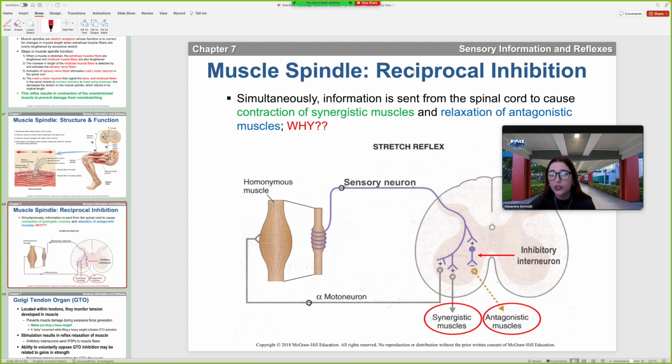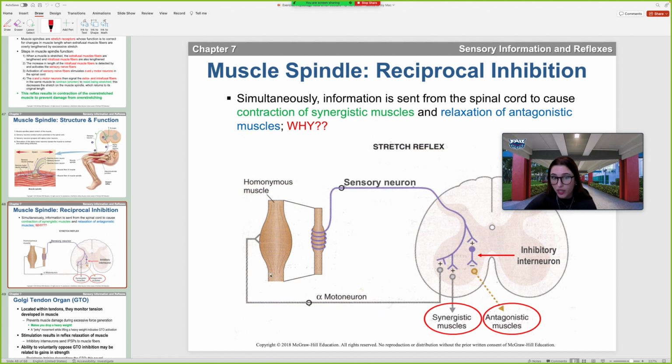Now this is called reciprocal inhibition, okay? When we simultaneously cause the synergistic muscles to contract and resist the stretch of the homonymous muscle. Homonymous just means the muscle that we're talking about. The homonymous muscle receives the stretch, the stretch reflex kicks in and causes contraction via that alpha motor neuron, and also the gamma neuron.